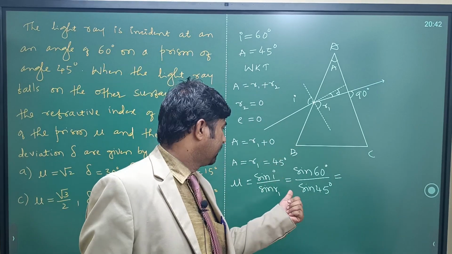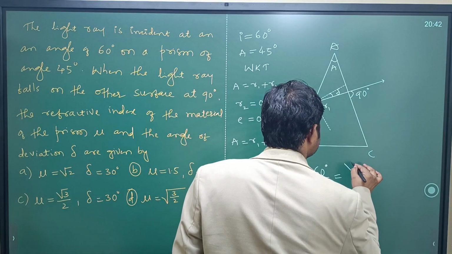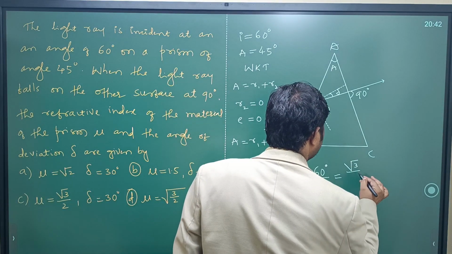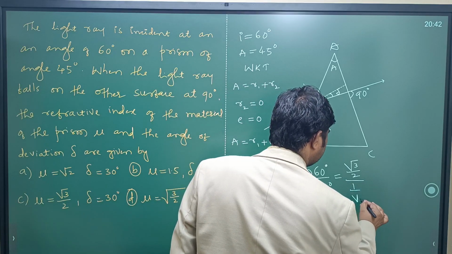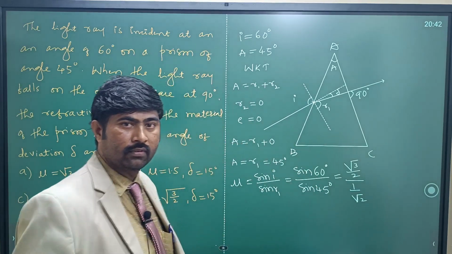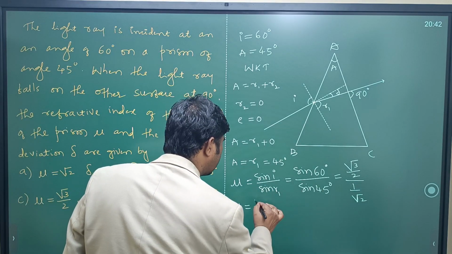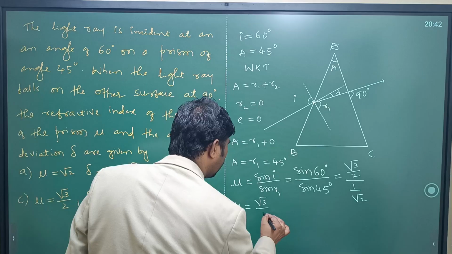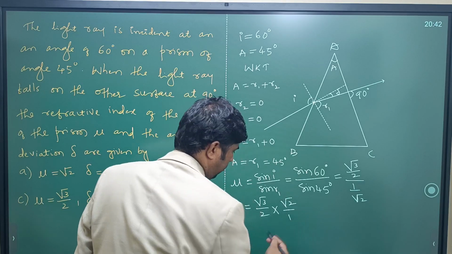Sin 60 degree divided by sin 45 degree, that is sin 60 degree root 3 by 2, and sin 45 degree 1 by root 2. So further you can write this as mu is equals to root 3 divided by 2 into root 2 divided by 1.